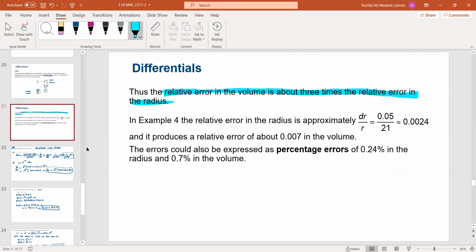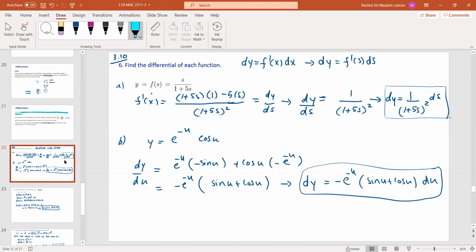Now here you can see an interesting example. So we keep the same topic of differentials. Since I said this is something you've seen, we'll do number 6 before we go into linearization. Number 6 just says, if you have this function, find the differential of each function.